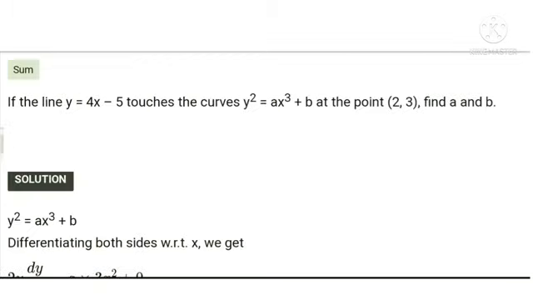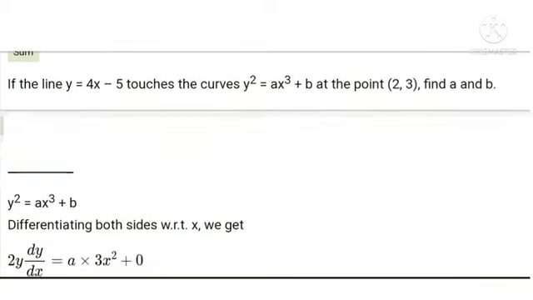Now question number 6. If the line y is equal to 4x minus 5 touches the curve y square is equal to ax cube plus b at point (2, 3), then find ab. See what is given. This line touches the curve at a given point.